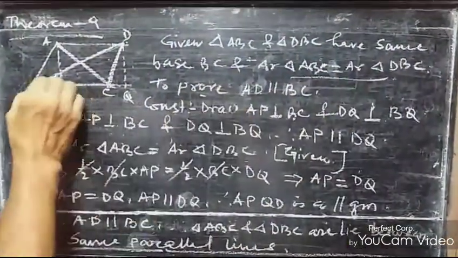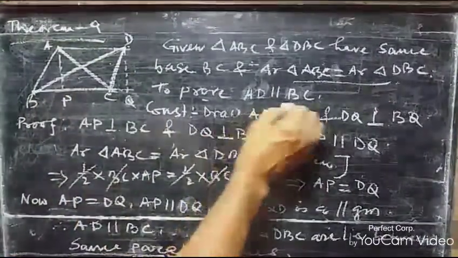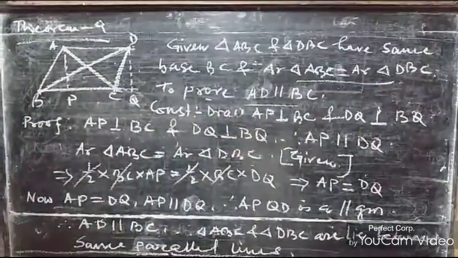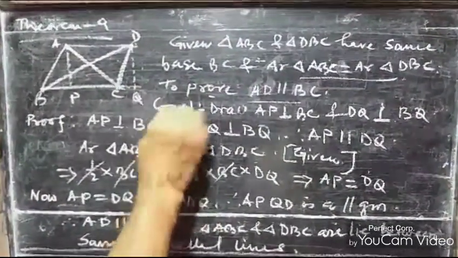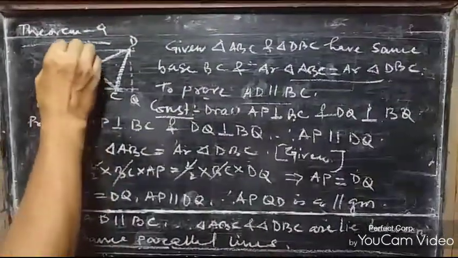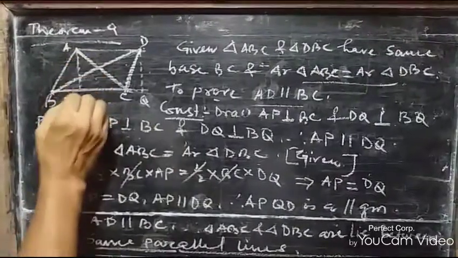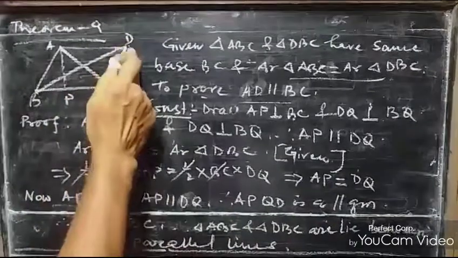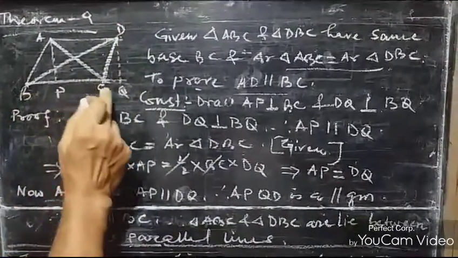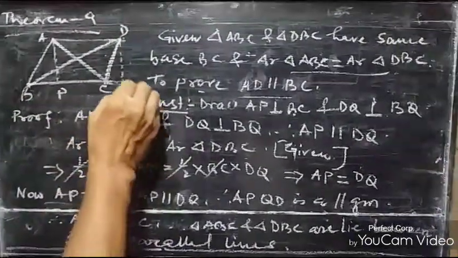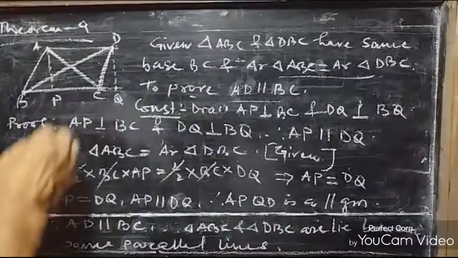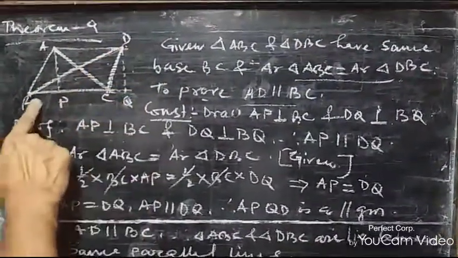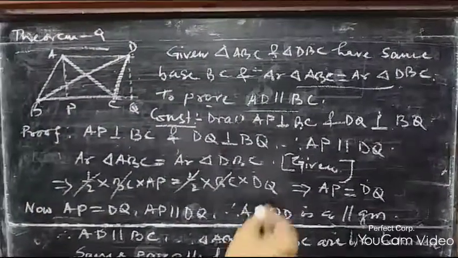We need to prove they lie between the same parallel lines, that is, AD and BC are parallel lines. Now construction: we draw a perpendicular from A on BC and from D on BC produced, which intersects at Q. That is, AP is perpendicular on BC and DQ is perpendicular on BQ.